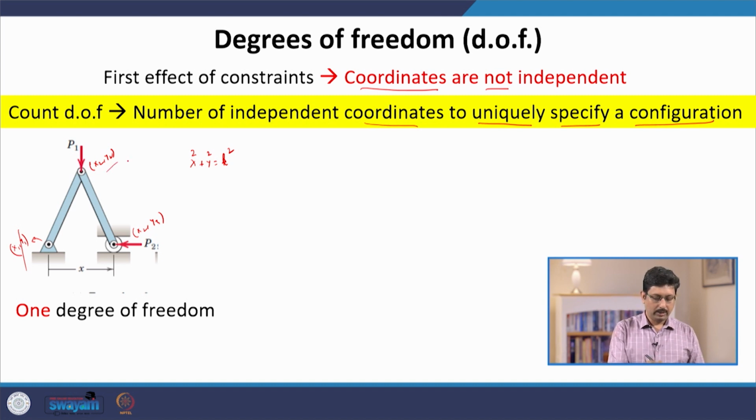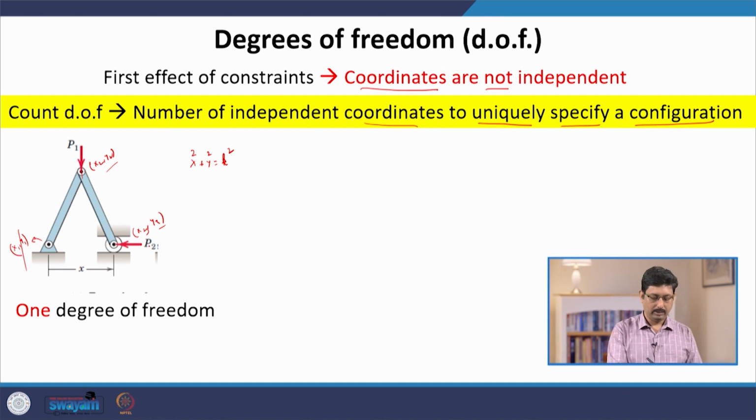Now, this x2 y2 and x3 y3, of course you need to specify them, but note that they are not independent. Why? Because there is a constraint. You can easily see that if this point starts to move downwards, then immediately this point will start to move right side, and if it starts to move upwards, immediately it will start to move left side.